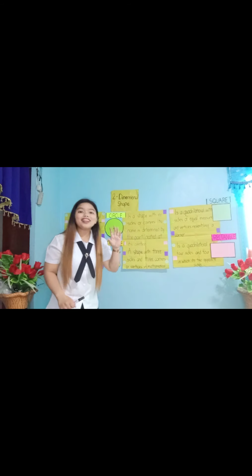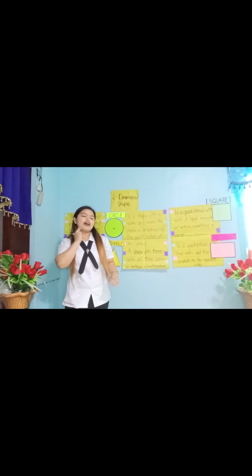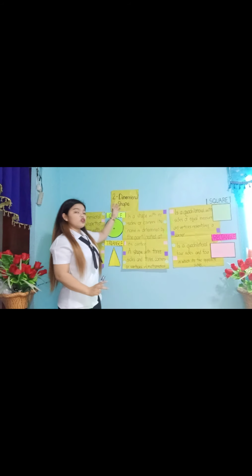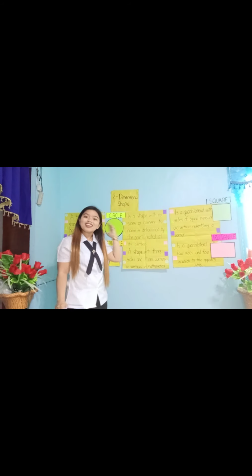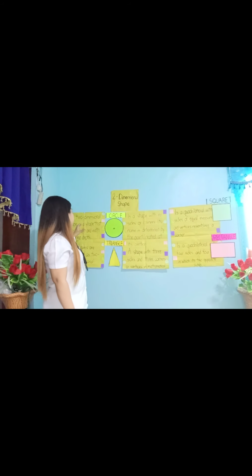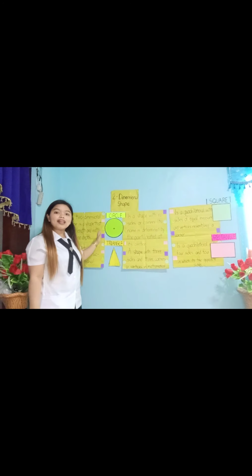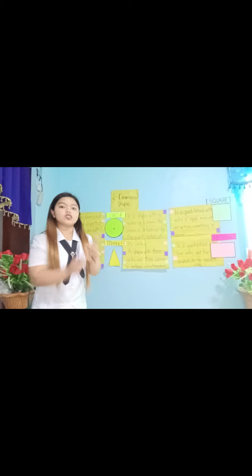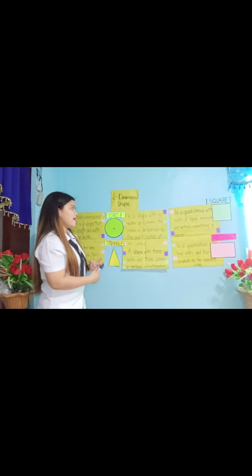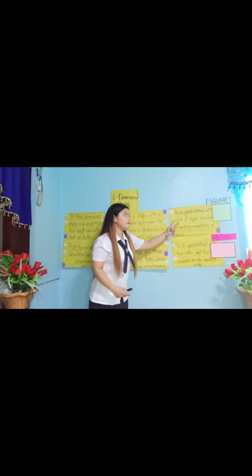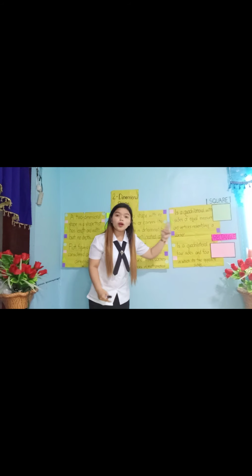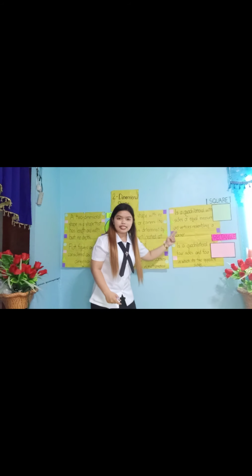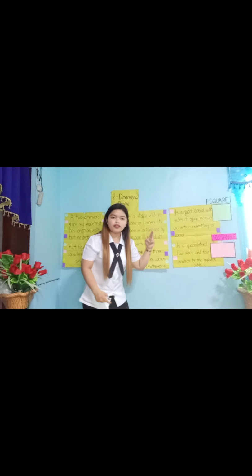The second is the quadrilateral. The quadrilateral is also a two-dimensional shape because it has length and width but no depth. The quadrilateral is composed of the square and the rectangle. The square has sides of equal measure and vertices resembling a corner.